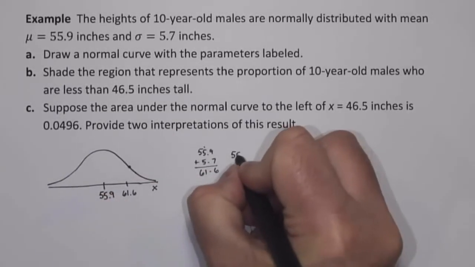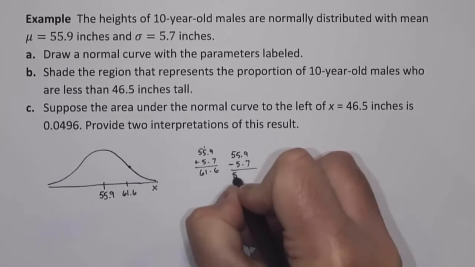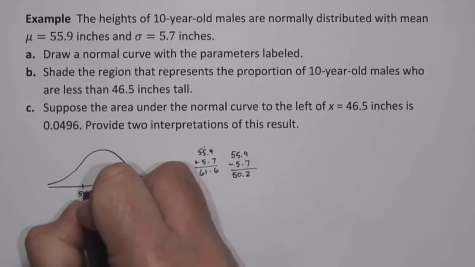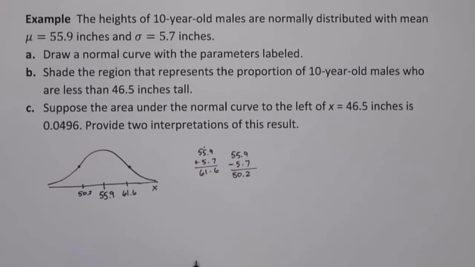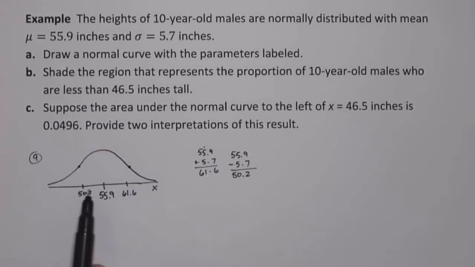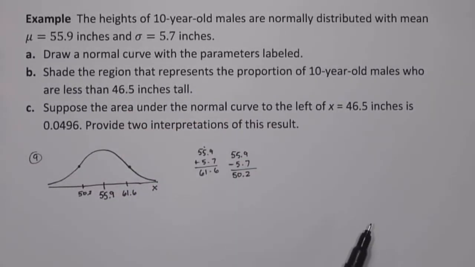And if I take 55.9 minus 5.7, that will be 50.2. So over here at 50.2 is where this inflection point will occur. So here's our answer to part A. We've drawn a normal curve with our parameters labeled for this particular situation.